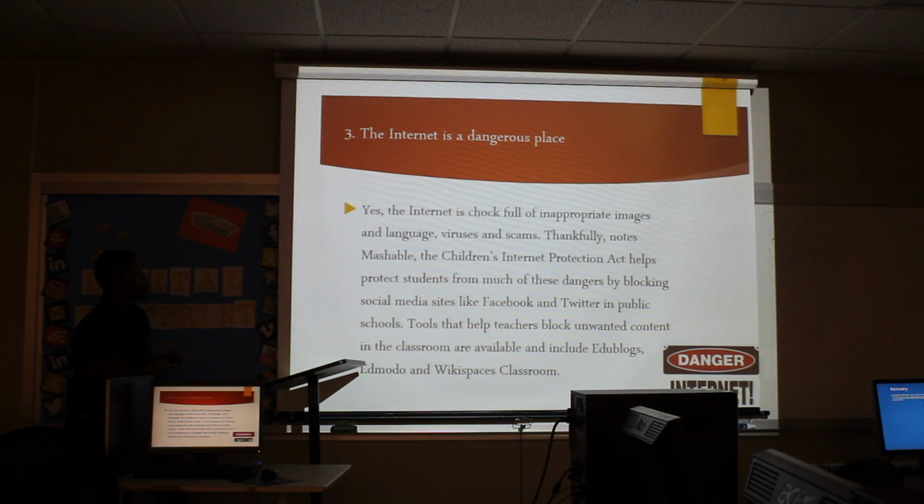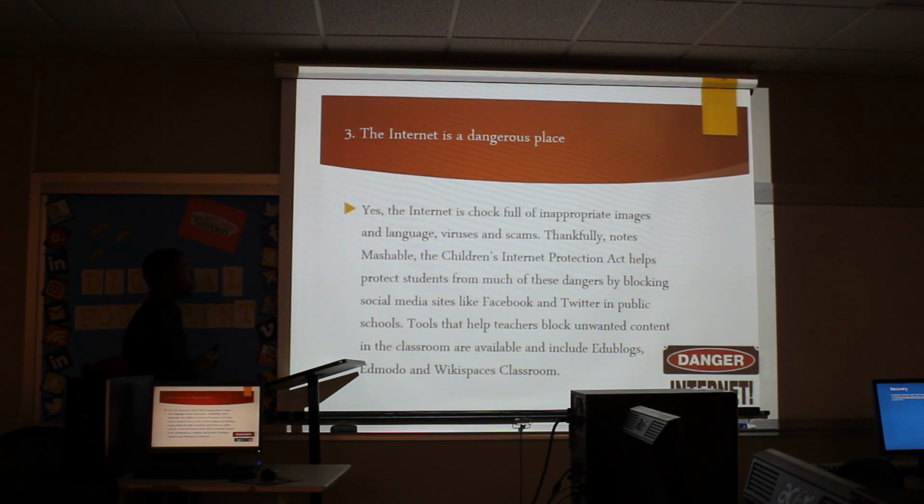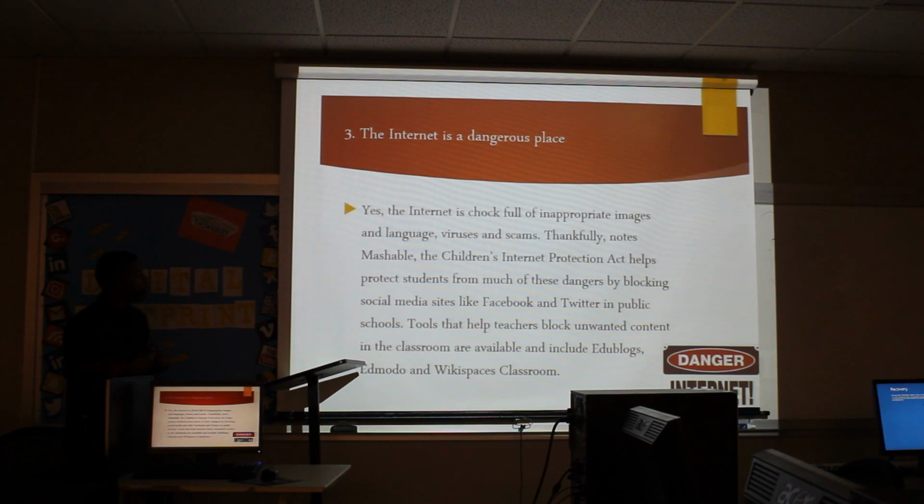The internet is a dangerous place. Yes, the internet is a dangerous place, chock full of inappropriate images and language, viruses and scams. Thankfully, the Massachusetts Children's Internet Protection Act helps protect students from those dangers by blocking social media sites like Facebook and Twitter in public schools. Most public schools have blockages on all types of social media sites, especially pornography sites and the like, including Instagram as well.